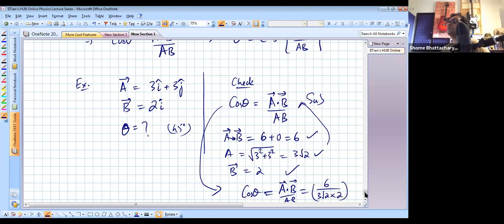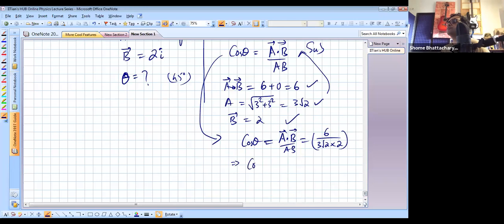As you can see, cos theta is 1 by root 2. Okay. So in proper language of trigonometry, we can say that theta is cos inverse of 1 by root 2. But this last step is unnecessary. You can directly see that cos theta is 1 by root 2. You know that theta is 45 degrees.